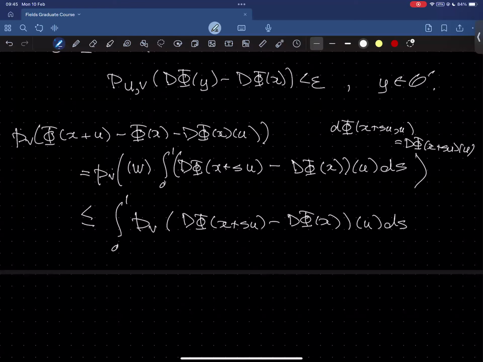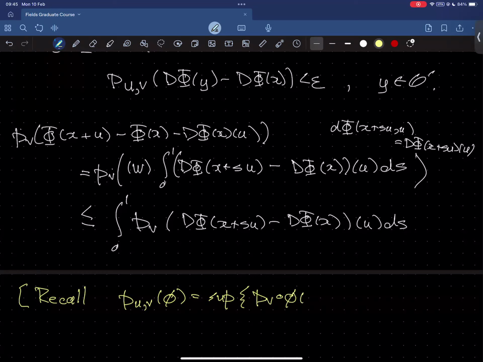Now I'm going to estimate this thing using the operator norm. Let me just recall what the operator norm is, so you can see where this step comes from. The operator norm of a linear mapping phi is the sup of the norm of phi of u, where u has norm less than or equal to 1.